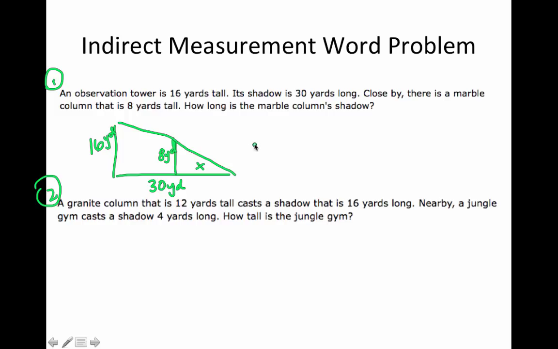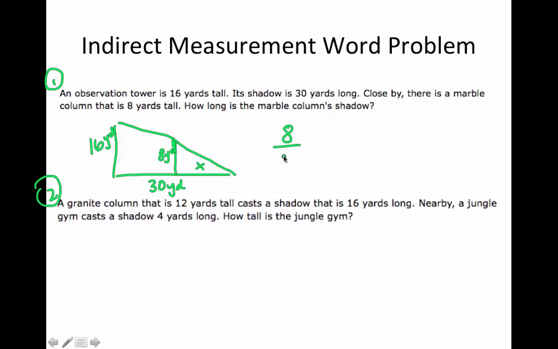So I'm going to set up a proportion. I'm not going to write a similarity statement or write out my proportion, though you can totally write that out if that's going to help you organize your thoughts. In this problem, I'm going to do it a little bit faster by taking the heights of the tower and column.